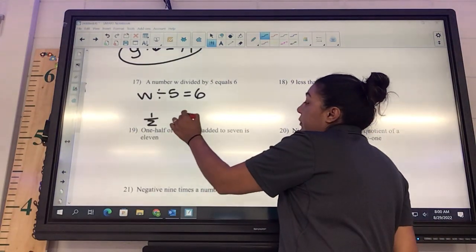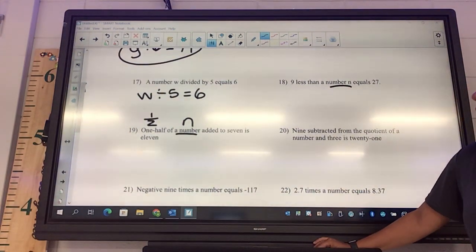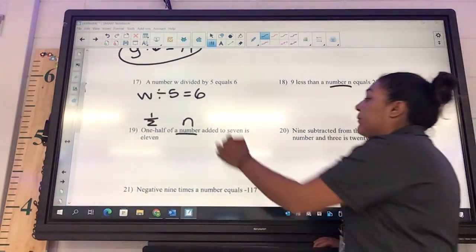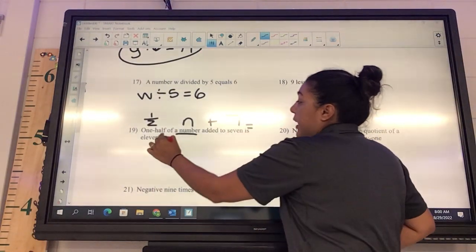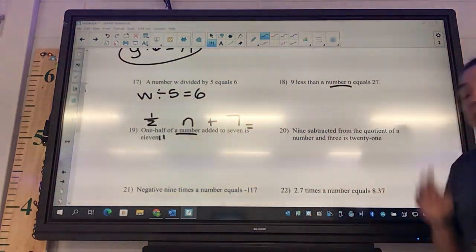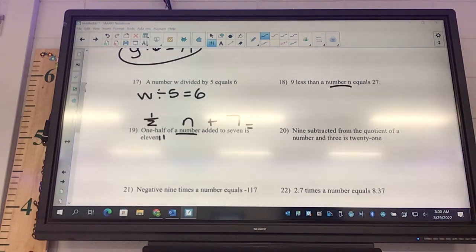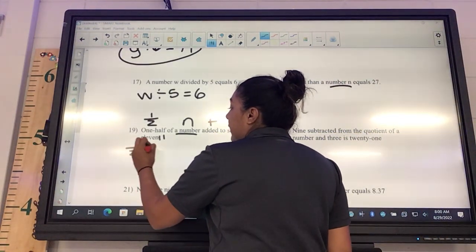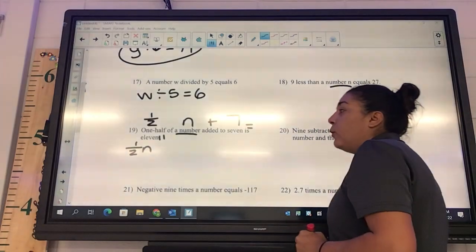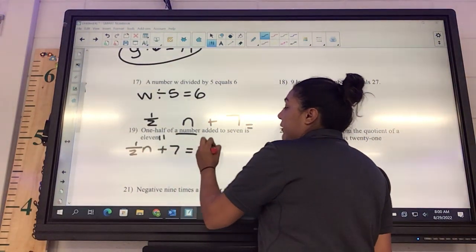So we can use n. 1/2 of a number n is added to 7 is 11. When it says 1/2 of a number, that's really the same thing like times. So it should be 1/2 n plus 7 equals 11.